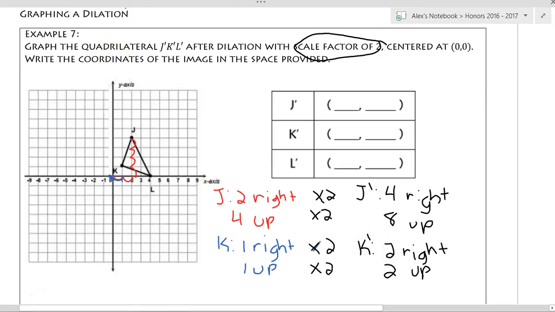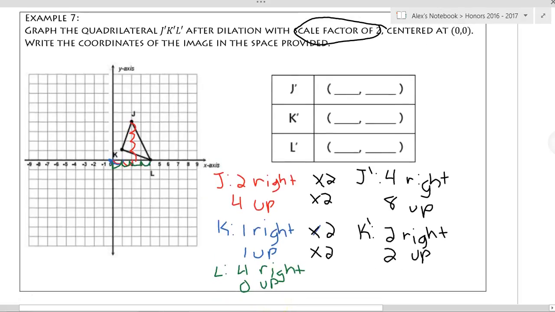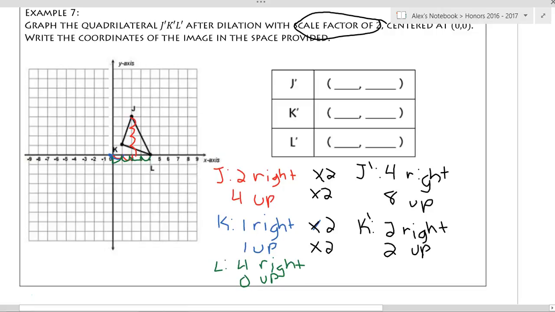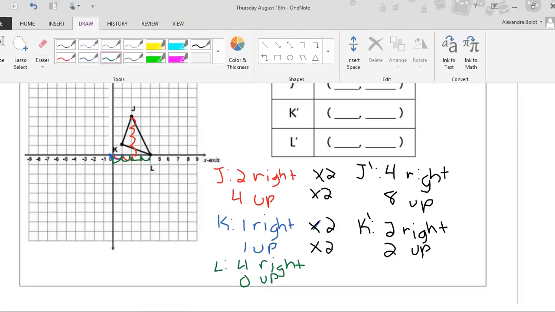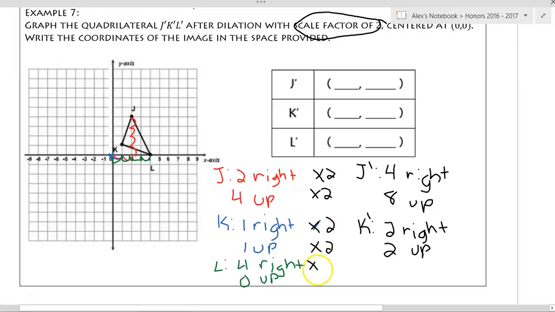And then we have L. If you look, L is 1, 2, 3, 4 right, 0 up. And again, since my scale factor is 2, that's what I'm going to multiply by.